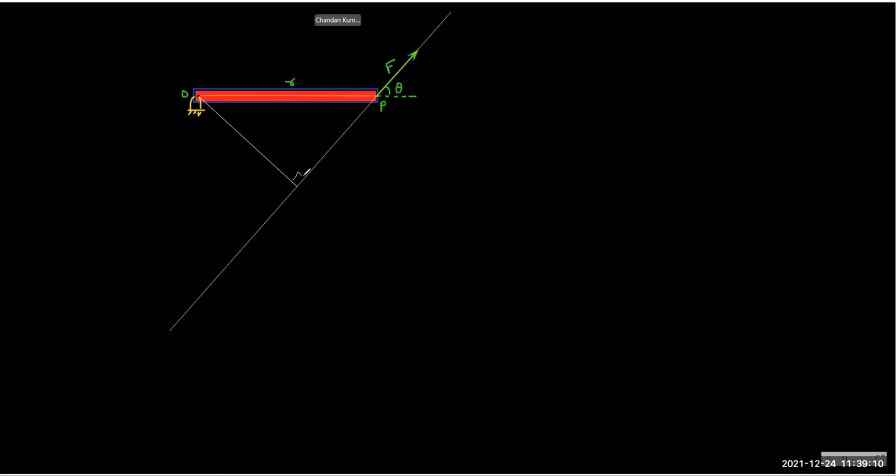So once you do so, this force seems to be perpendicular to this line or this rod. This may be the imaginary rod.